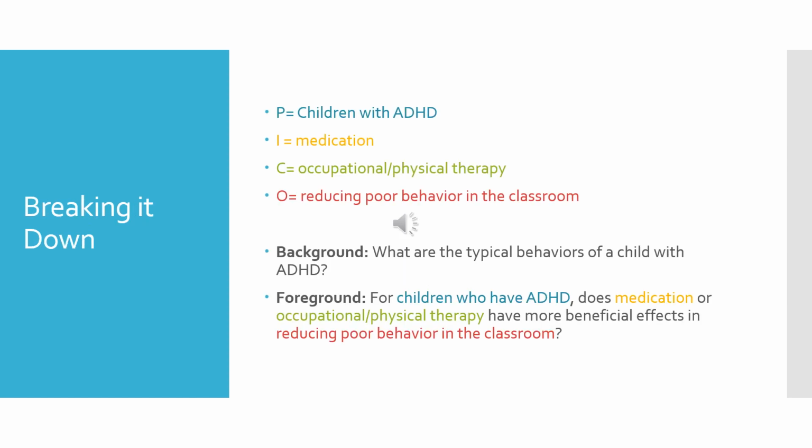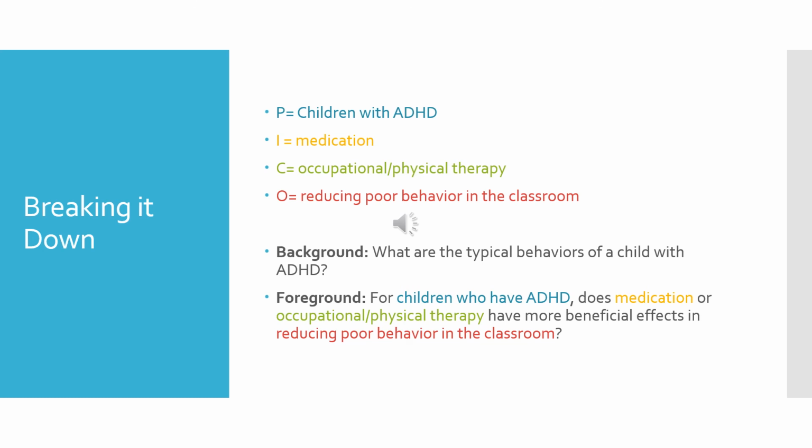So if you want to check your work, here is PICO, and I've outlined what PICO is in general and then what it is in a foreground question that could come from the previous case study. So a background question that you might want to ask about that case study is something very general. What are typical behaviors of a child with ADHD?